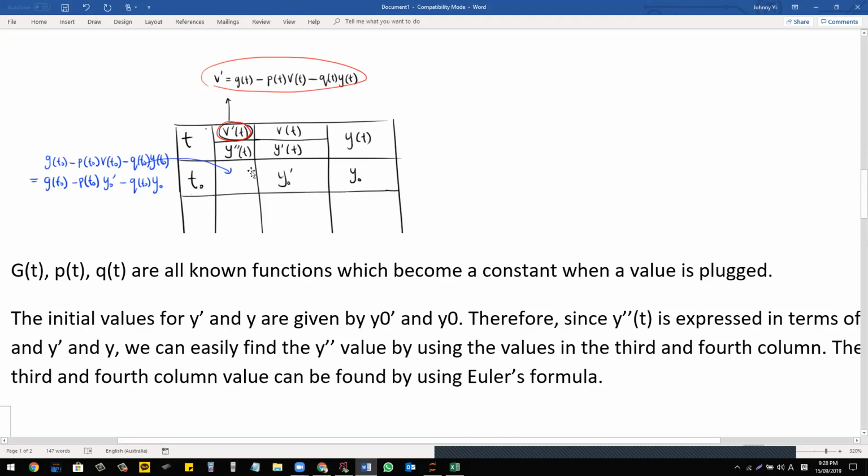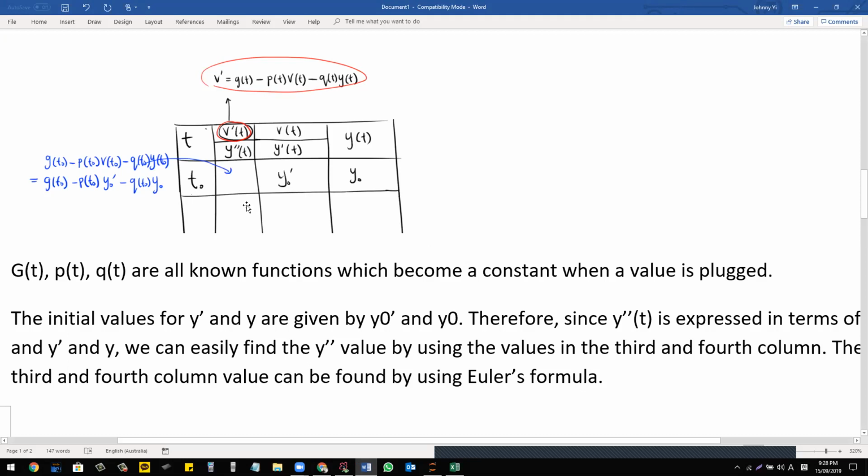You have to say this one here can be found by those two, and this one here can be found by that one plus that one times the step. And this one here can be found by adding this one plus that one, that's the gradient, times the step.